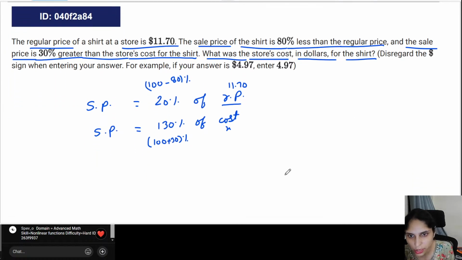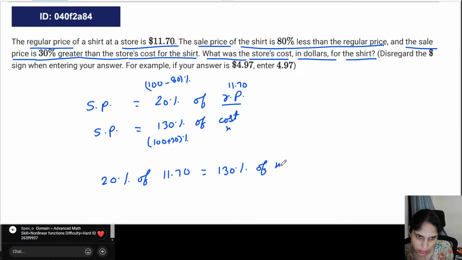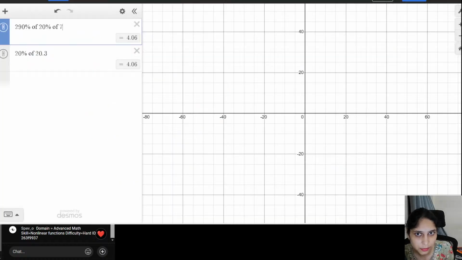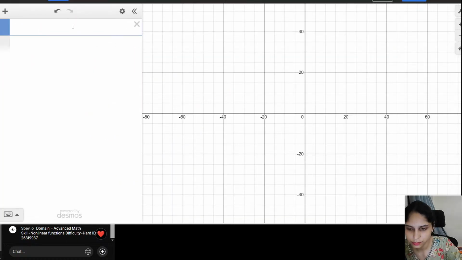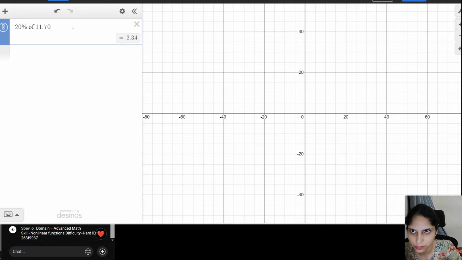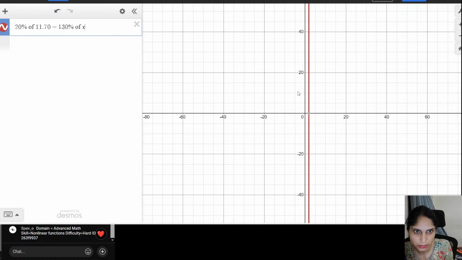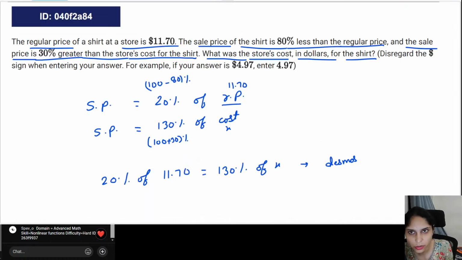Now here both of them are talking about sale price, so we can make them equal. So basically 20% of 11.70 is equal to 130% of x. Put this in Desmos, you will get your answer. 130% of x. 1.8 is a... Oh my God.